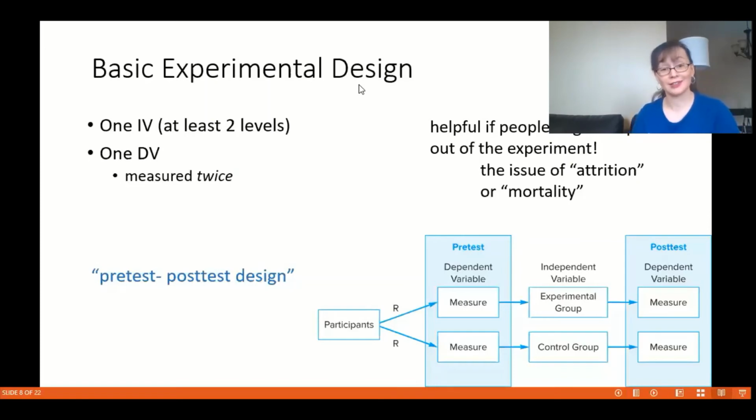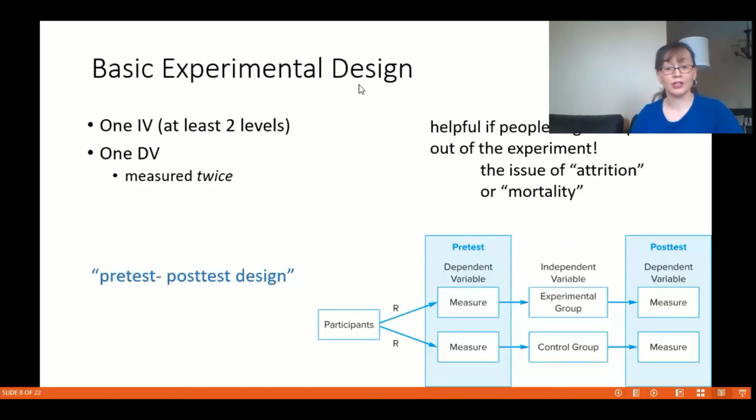What we might find in this case is that the heaviest smokers in the experimental group might be more likely to leave. They might have a harder time with the treatment program, and they might decide to drop out. If we only give the post-test, then in our treatment group, only the light smokers would remain.